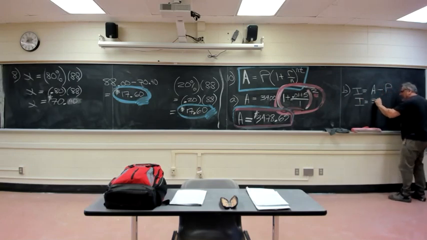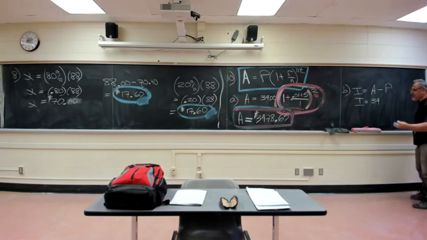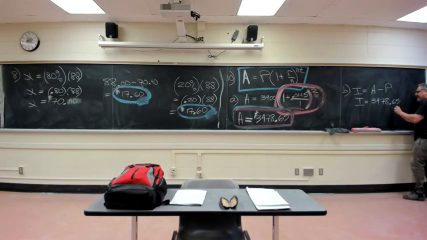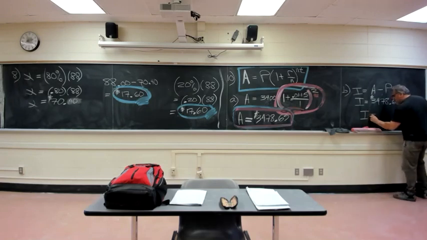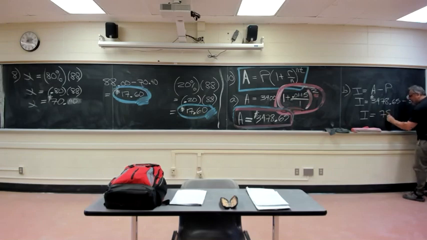This is the amount she has after 2 years, and initially she invested $3,400. The difference between the two is the interest she made, and that's $78.65.